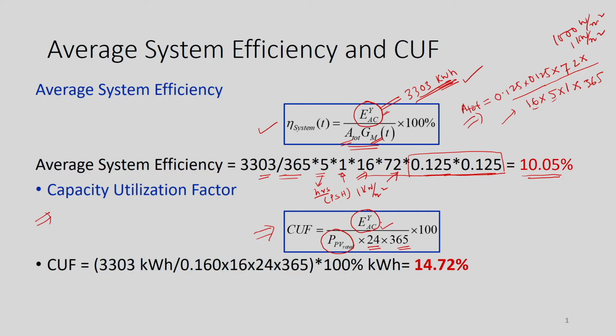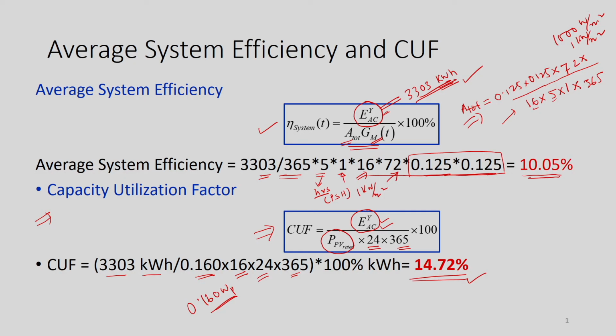So, if we substitute these values, 3303 kilowatt hour, and then here 160 is the rated power in watt peak, okay. So, it is in kilo, that is why it is 0.160, okay, and then 16 modules, 24 hours, 365 days. So, it comes around 14.72, which is the value close to the recommended for India, okay.